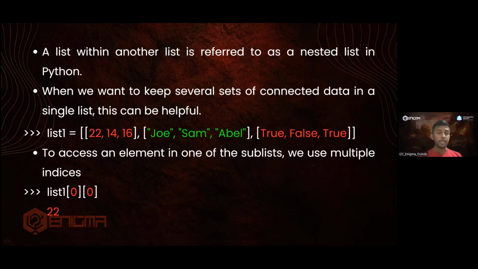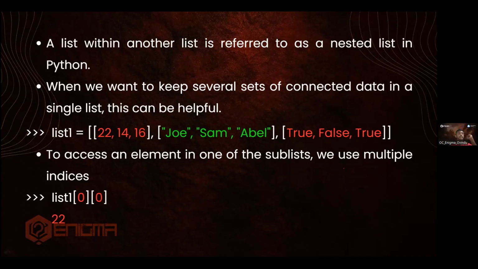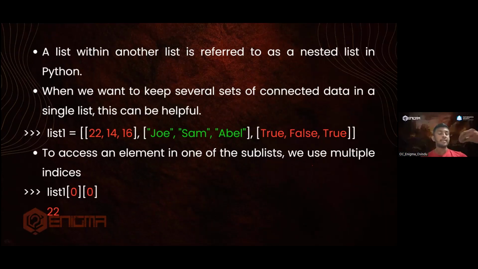So how would we access an element inside this nested list? You would first find out the index of the list that your element is contained in. For example, if you want to access the element 22, first we find the index of the list it is contained in. You can see that 22 is contained in the first nested list in the main list.